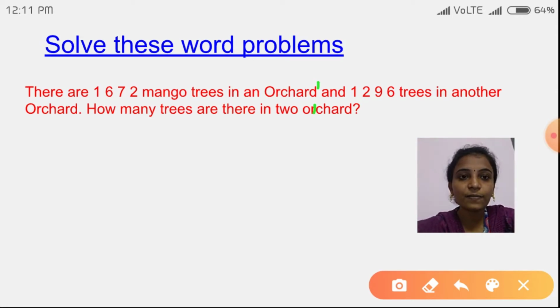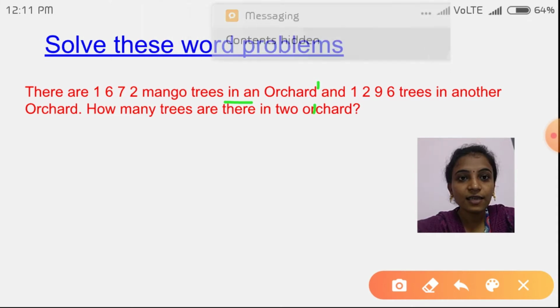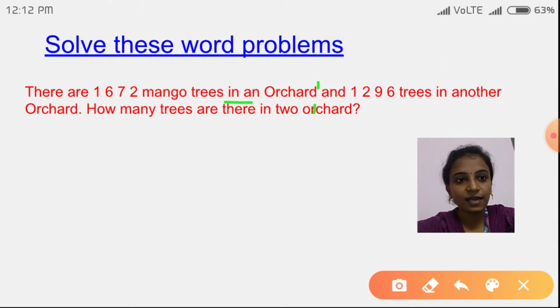What is the step? Yes, number of mango trees in an orchard. Can we write like that? Yes, we can write. And second step, number of mango trees in another orchard. How many? 1296. In the first orchard, 1672.